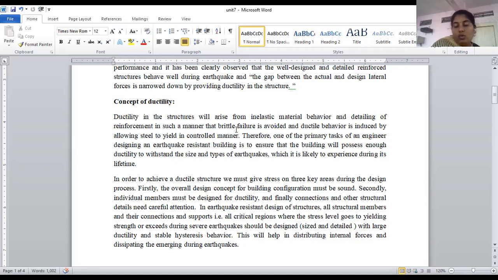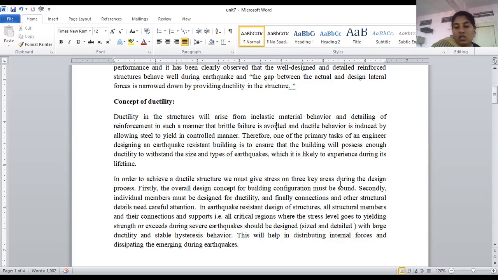If they know that history, then they can make the building earthquake resistant. That is very important in regions where earthquakes happen more. So while planning and constructing buildings where earthquakes are more frequent, they should know all the fundamentals related to ductility and how to achieve an earthquake resistant building.